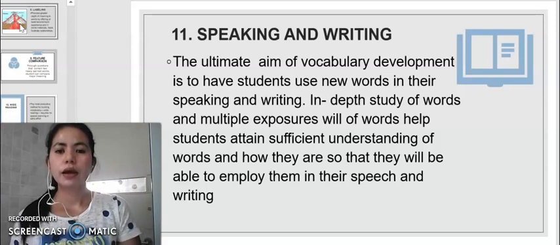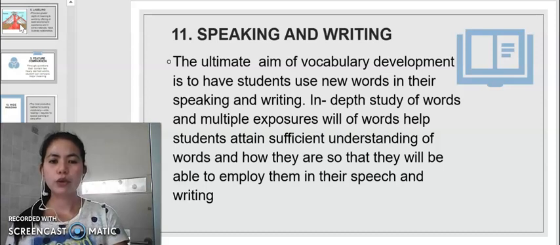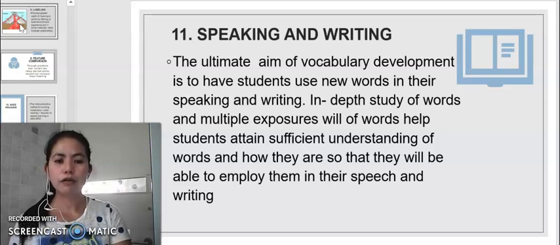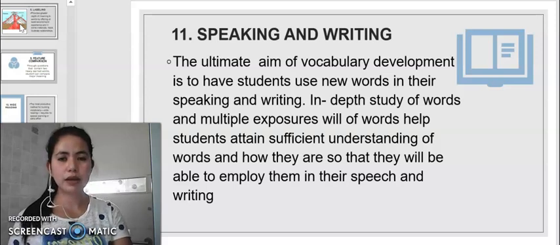Number 11, speaking and writing. The ultimate aim of vocabulary development is to have students use new words in their speaking and writing. In-depth study of words and multiple exposures to words help students attain sufficient understanding of words so that they will be able to employ them in their speech and writing.